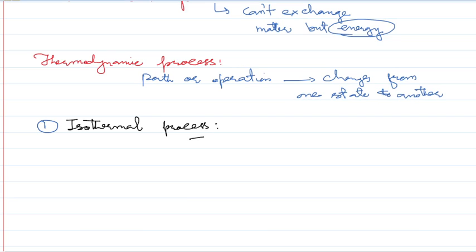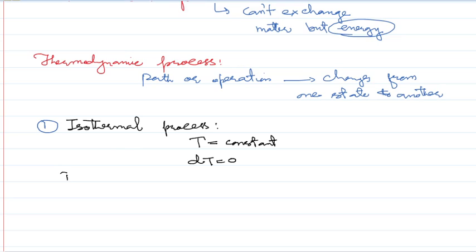Simply, the temperature of the system remains constant during each step. That means temperature remains constant during each step, and that means dT will be equal to 0. That means changing temperature will be equal to 0.